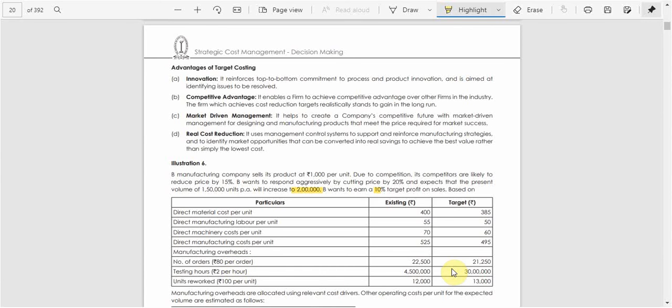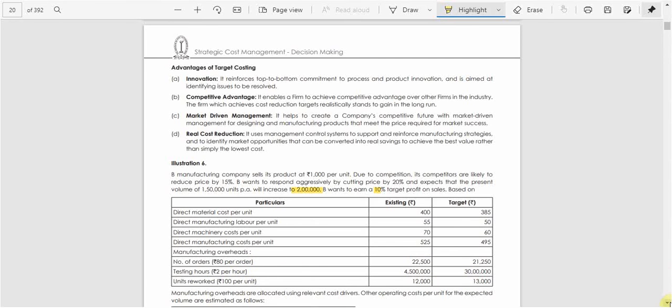So number of orders are 21,250 and it is 80 per order. Also the manufacturing overhead of testing hours is given. The testing hours is 30 lakhs as the target and it is 2 per hour. And units reworked is 13,000, and it is 100 rupees per unit.